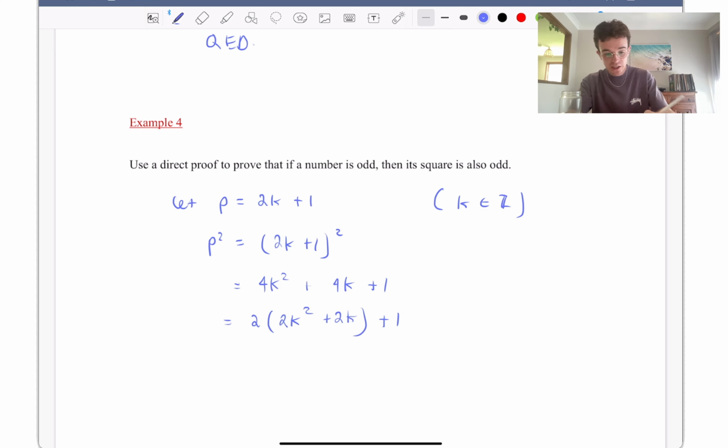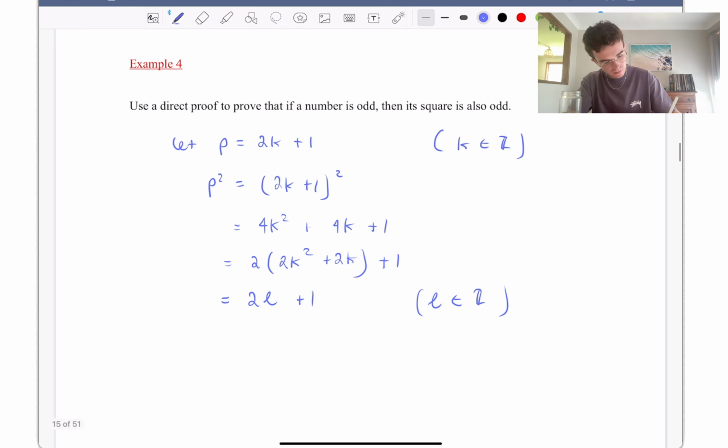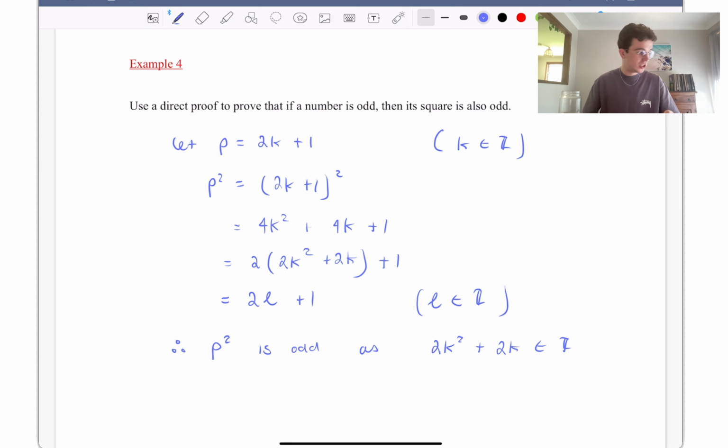But since 2k squared plus 2k is an integer, we could say this is equal to 2l plus 1, where l is an integer, which is odd.